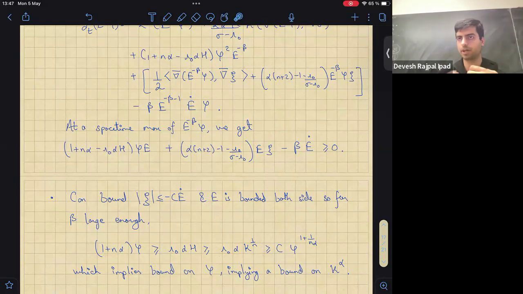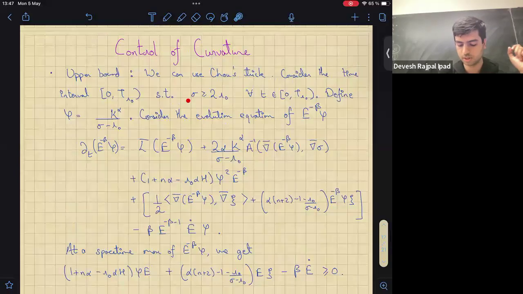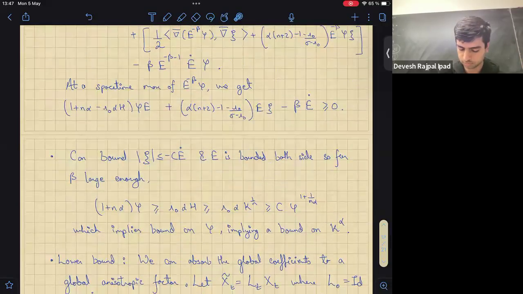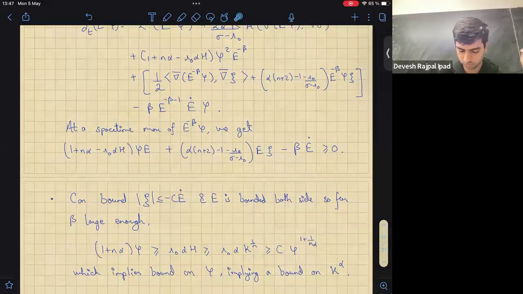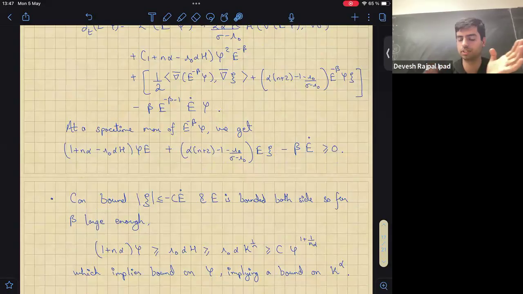But because of the isoperimetric ratio, a lower bound on the support function will also imply an upper bound on the support function. And so using that, the support function is also controlled on both sides.